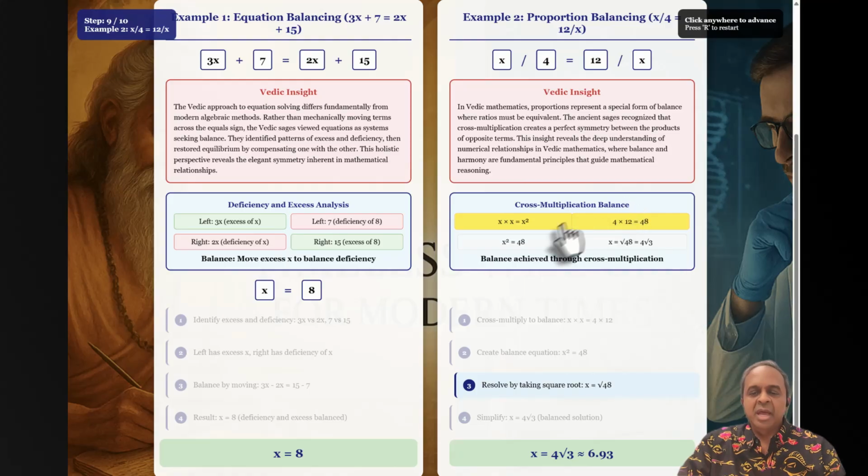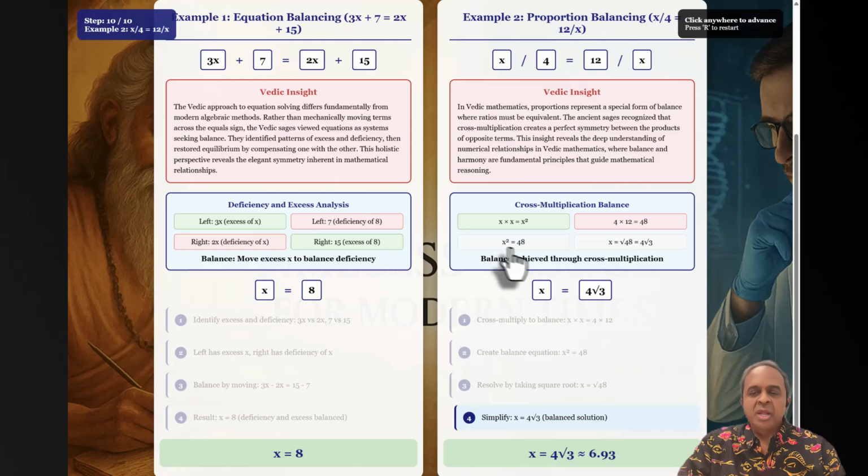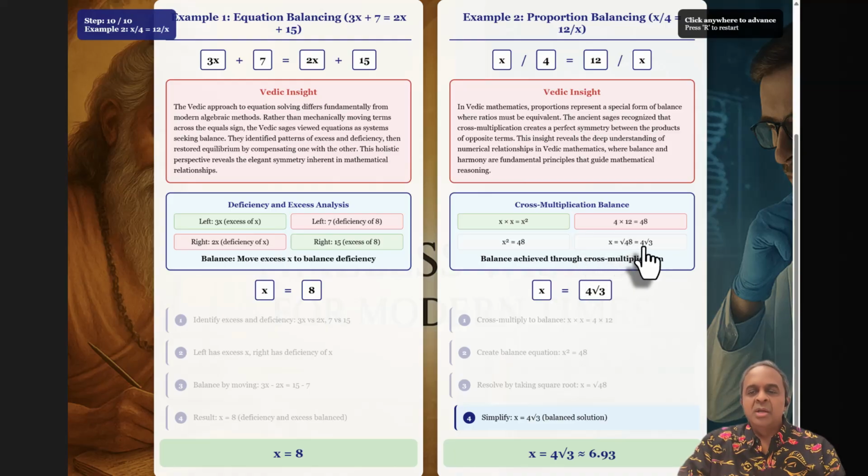So basically you get x squared equals 48. Then you take the square root on both sides, so x equals the square root of 48, which is 4 square root of 3, which is about 6.93, right? So again, imbalance, moving, cross multiplying, and then getting the answer.